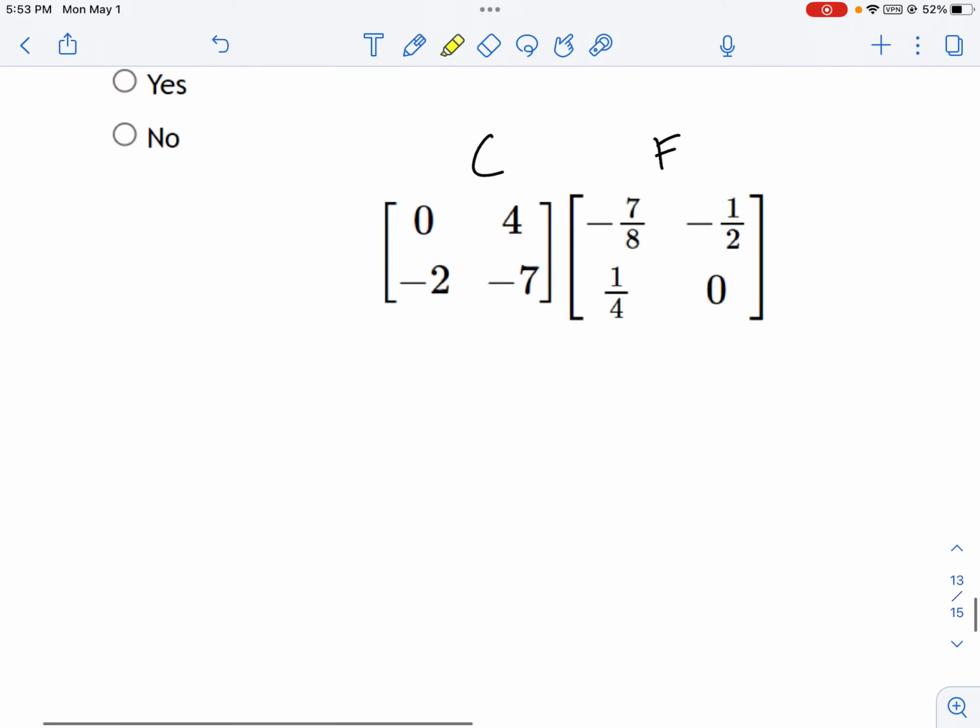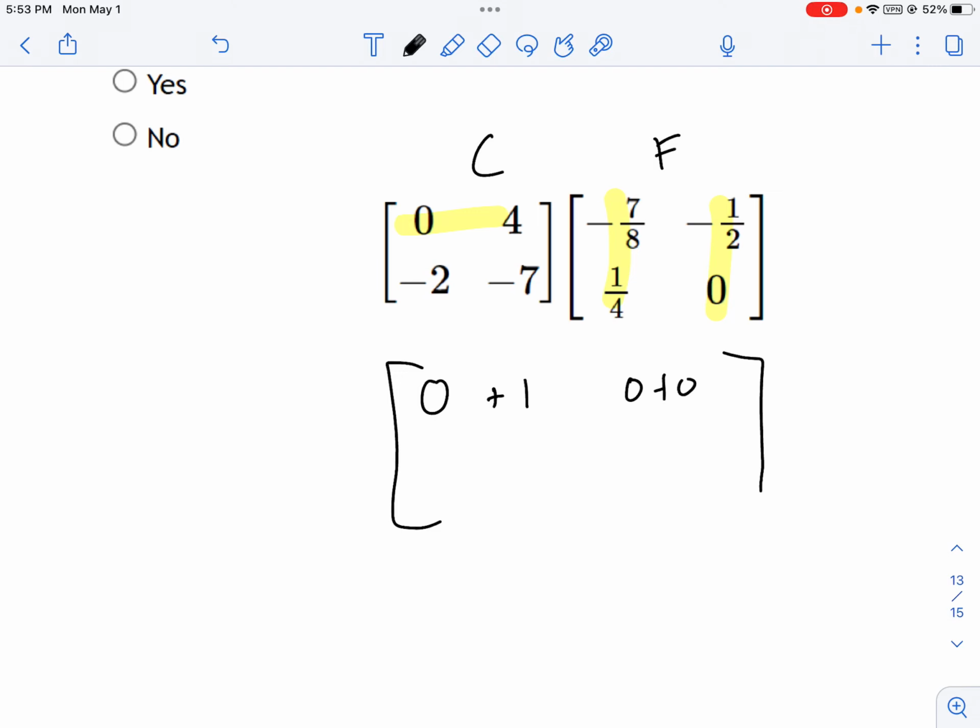So as we do C times F, first row, first column, we have 0 times negative 7/8, so that's 0, plus 1. Second column, we get 0 plus 0, so it'll end up just being 0.